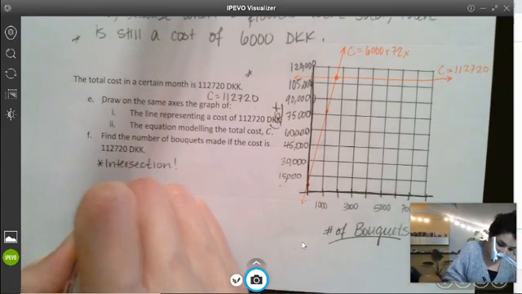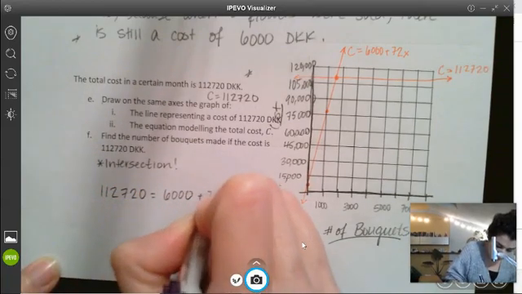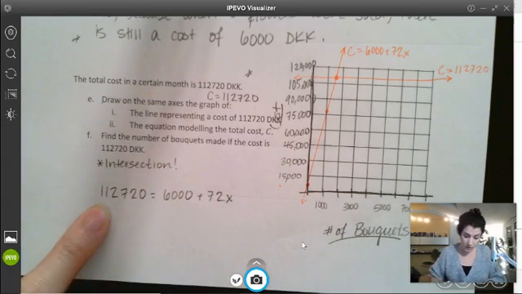So this is 112,720 equals 6,000 plus 72x. I think it's actually easier in this case to just solve. So 112,720.